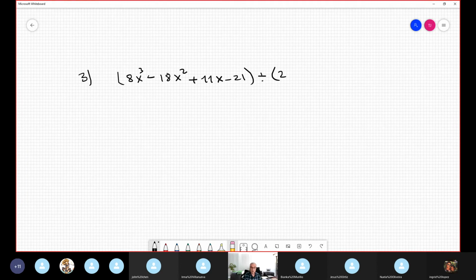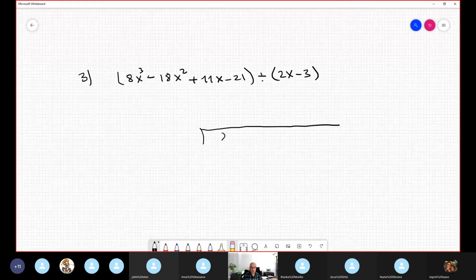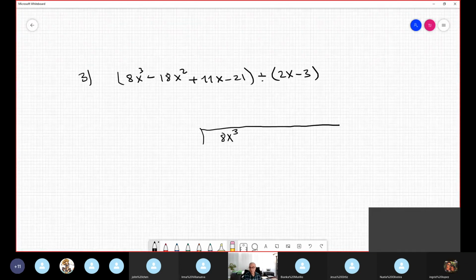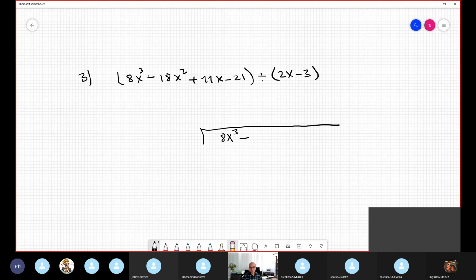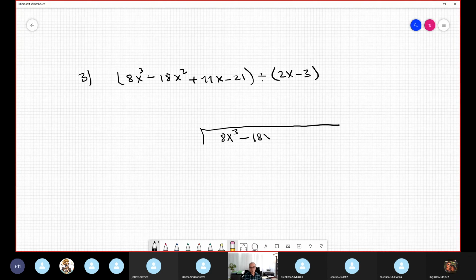Division, 2x minus 3. Okay, long division. 8x cubed. Hopefully, because you don't understand division very well. Division is elementary. Division of polynomials is elementary.